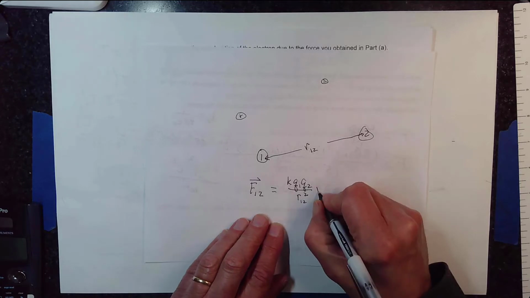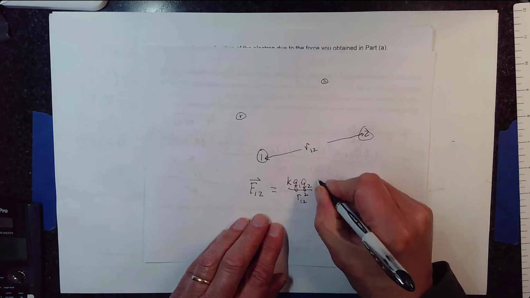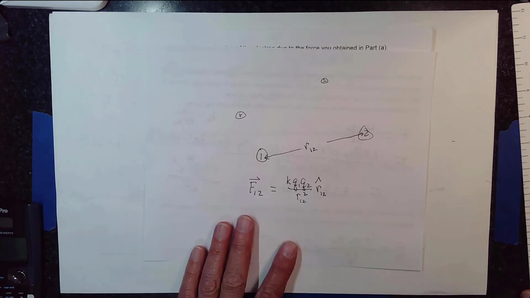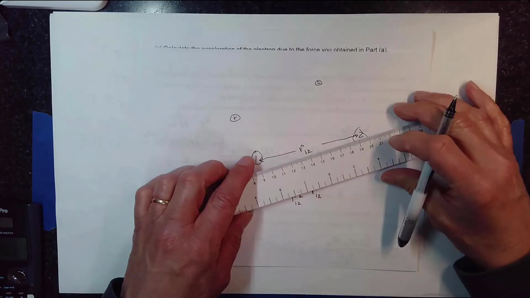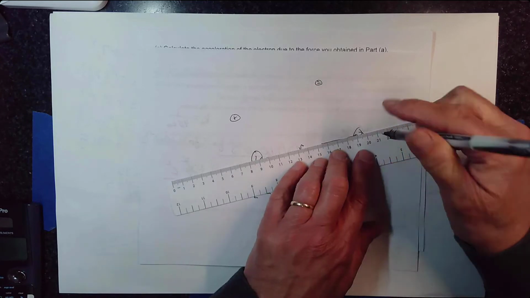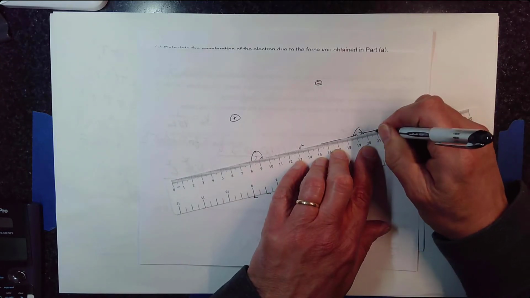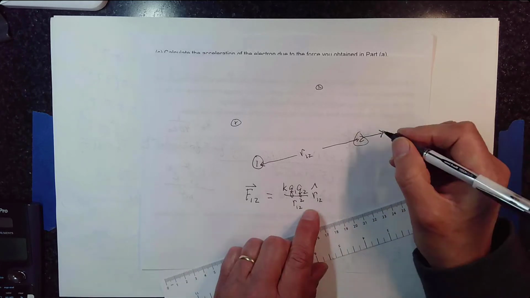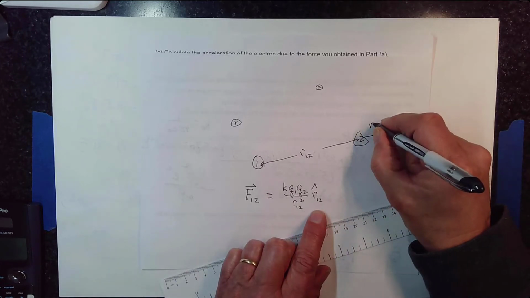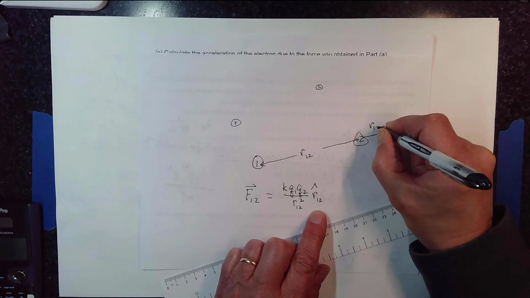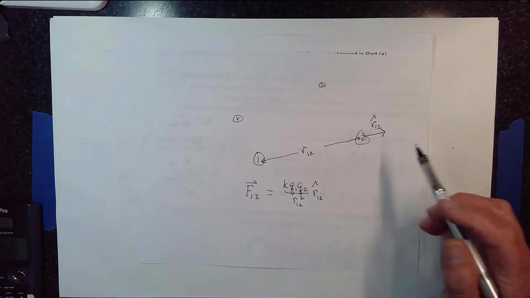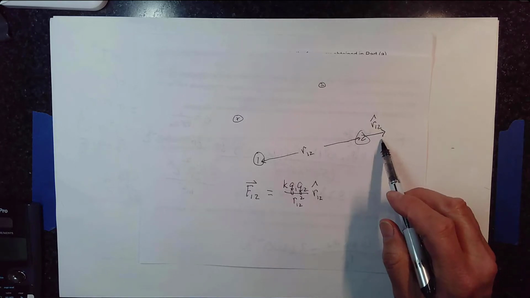I'll have to have an r12 hat, a unit vector, to turn that into a vector equation, and the direction of that is along the direction that connects the two things. It's a unit vector. It has a dimension of 1 or a length of 1 and just direction to it, pointing in that direction.